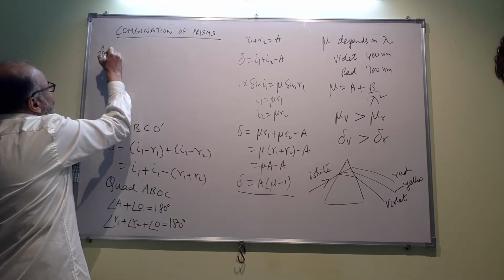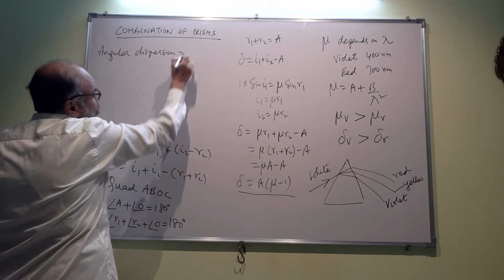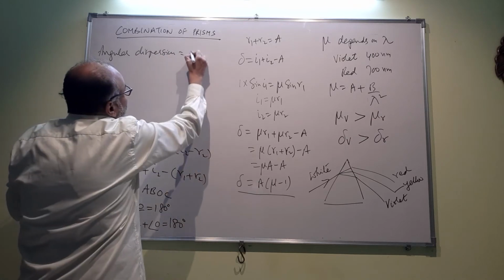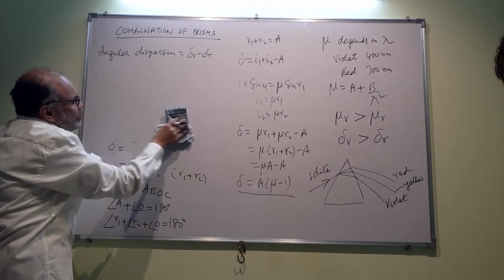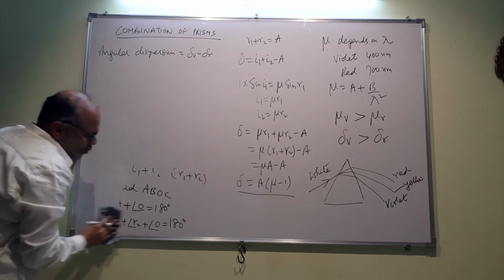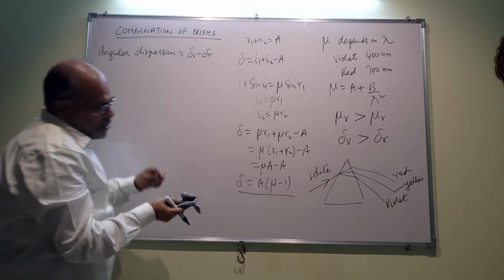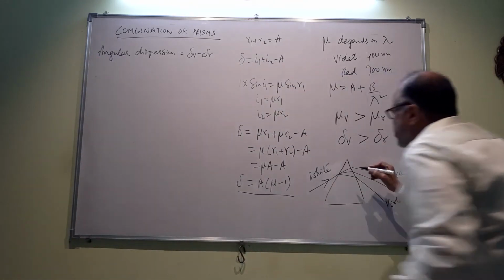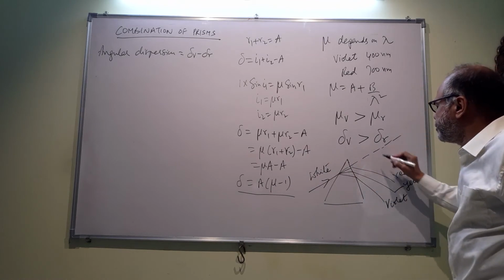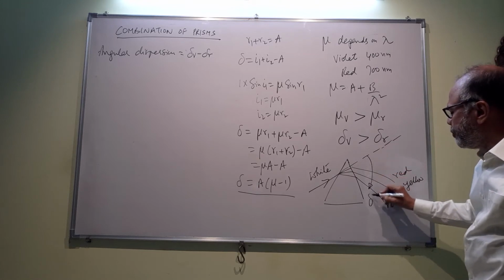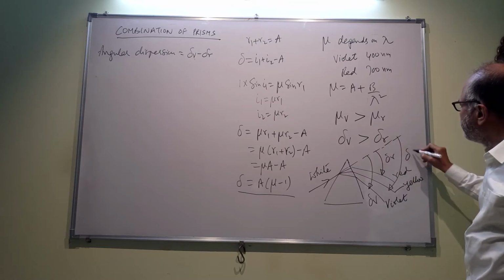The angular dispersion is given by the spread of the spectrum, that is nothing but dV minus dR. That will be the angular width of the spectrum, the deviation of the violet minus the deviation of red, as measured from the incident ray. So this will be delta V, this will be delta R, and for yellow it will be delta Y.